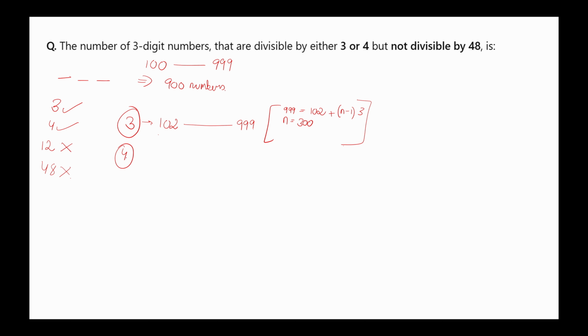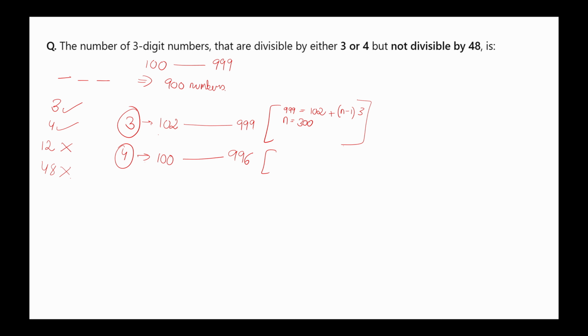Now let us check for 4 similarly. What is my first number that is divisible by 4? 100. And the last number which is divisible by 4 is going to be 996.